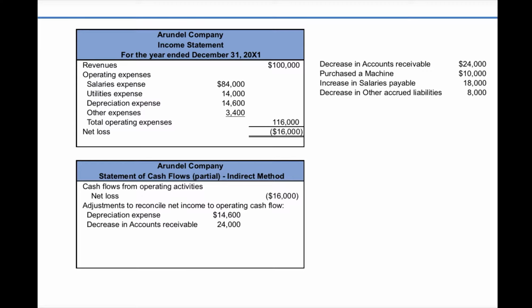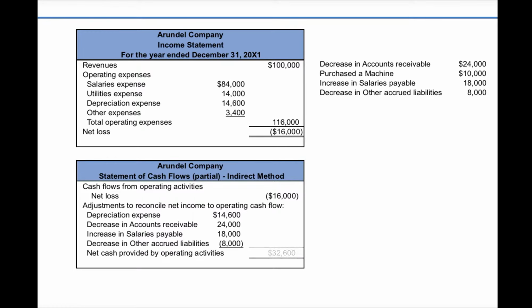The decrease in accounts receivable we also add back in, along with an increase in salaries payable. And then we finally will subtract out the decrease in the other accrued liabilities accounts. Sum all of that up, and we go from a net loss of $16,000 to net cash provided by operating activities of $32,600.